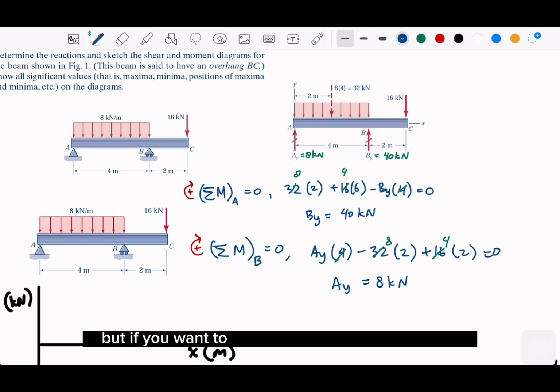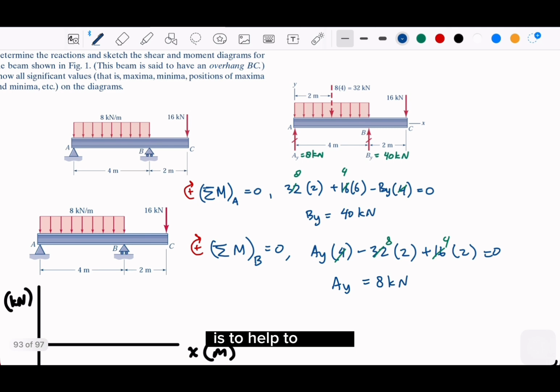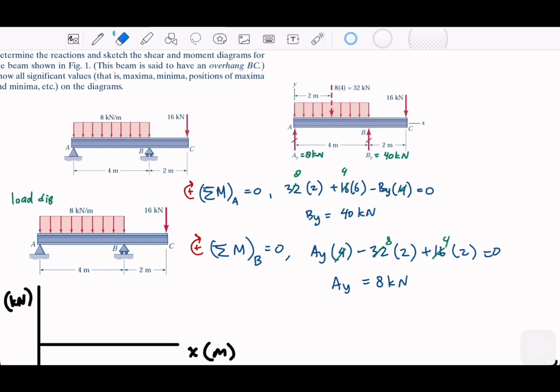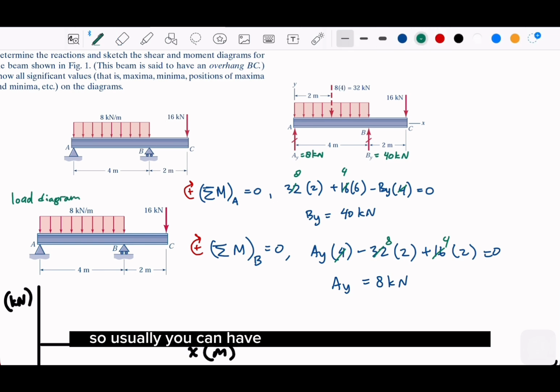But if you want to make the diagram for the shear and the moment, we go back to the original load diagram. We say this is basically a load diagram, just to help to notice. So usually you can have load and then shear and then moment.